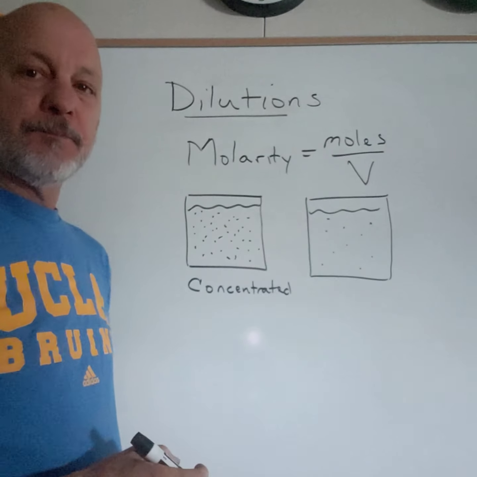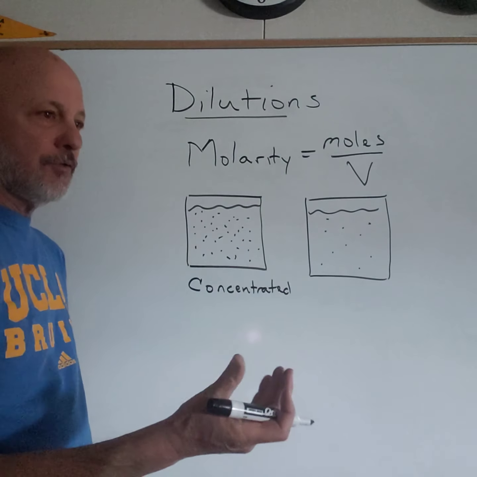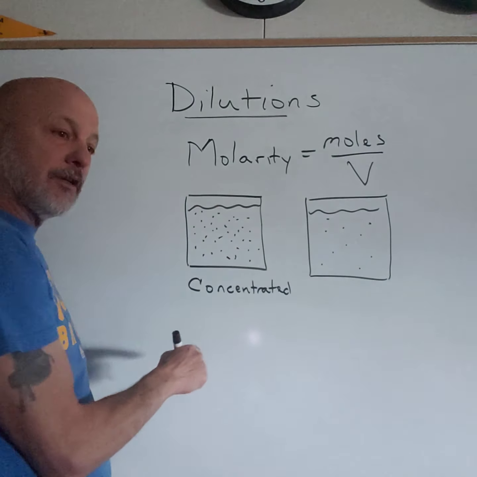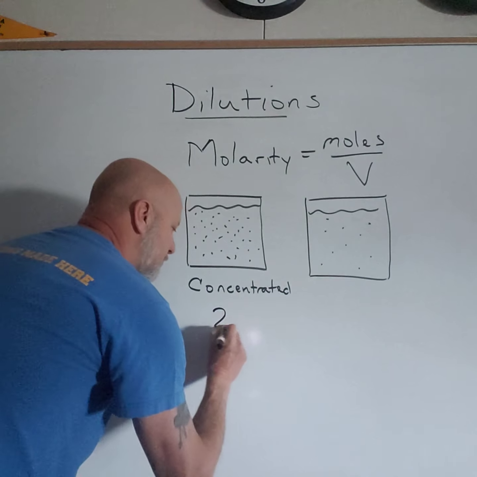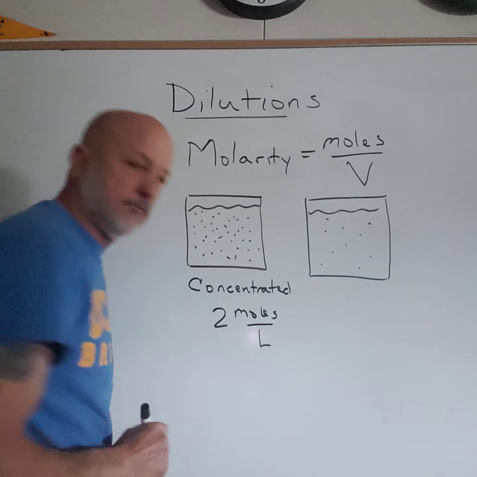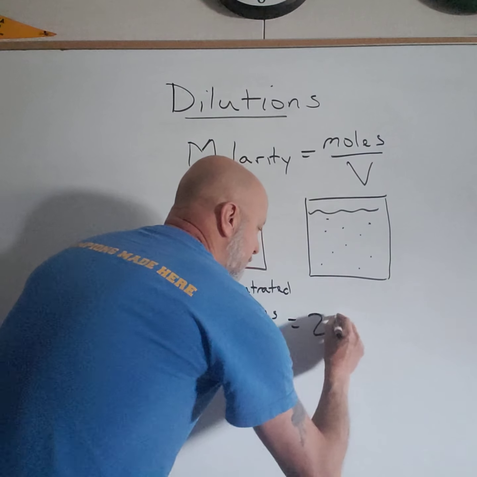So we measure that concentration quantitatively by saying, how many moles of salt are there per liter of solution? Now, if I build a certain concentration, it depends on the moles and the volume. Let's say this concentrated solution was 2 moles per liter, or we call that 2 molar.